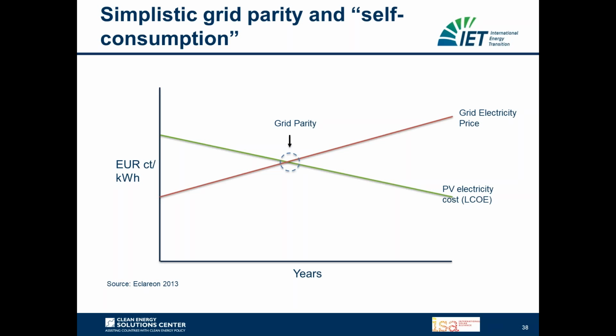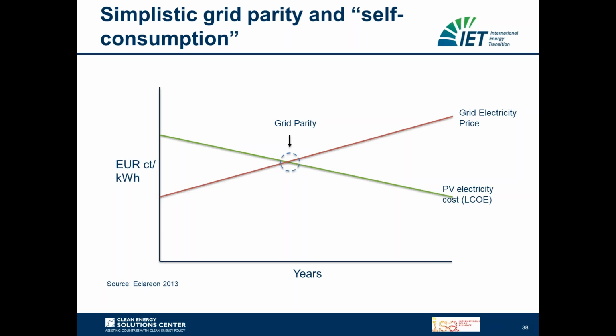This is then called grid parity. And many analysts, especially a couple of years ago, said, once we reach this point of grid parity, the whole story is over. There will be solar PV deployment everywhere, and the market will change fundamentally.